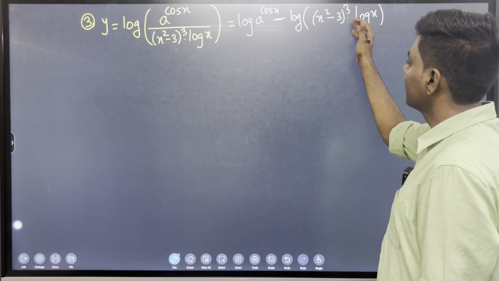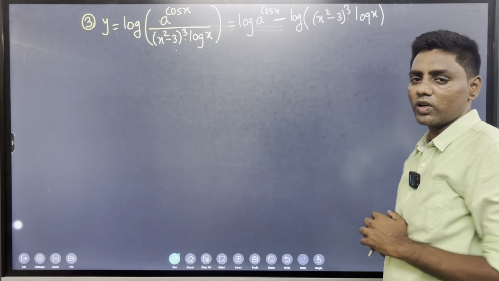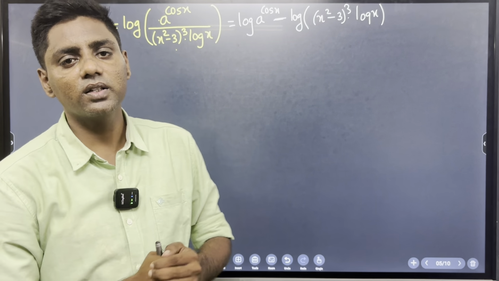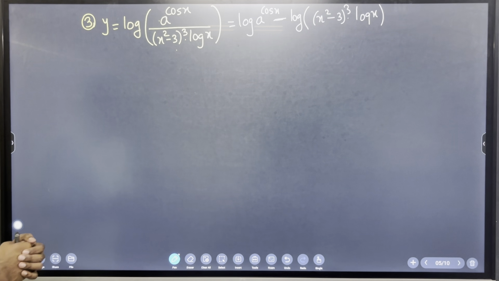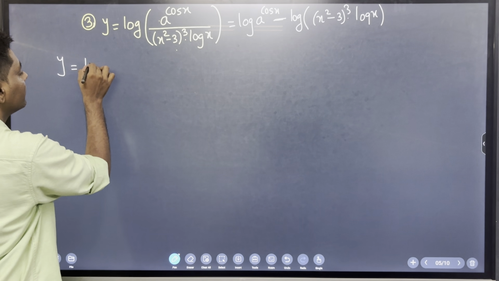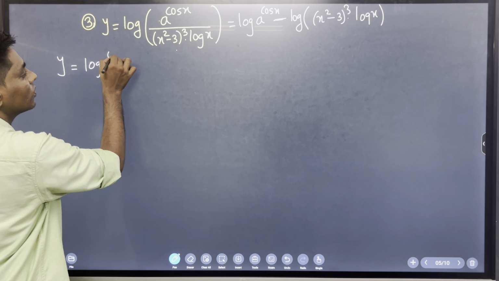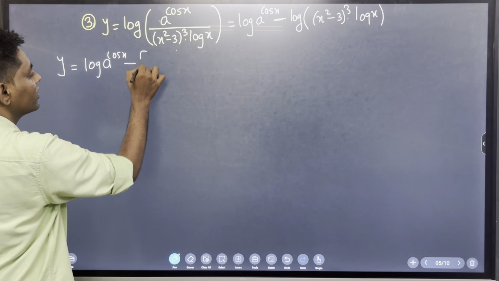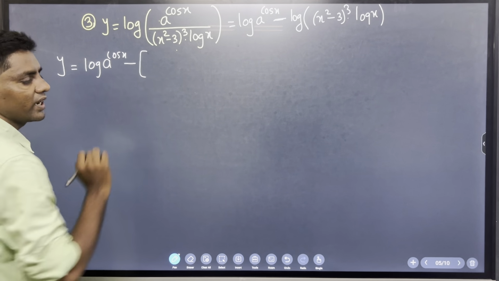Here we observe that this is the complete product of two functions. So again apply the property of m into n, and then we solve. Therefore we get y equal to log of a raised to cos of x minus, into the bracket, apply log of m into n: the answer is x square minus 3 bracket cube plus log of x.